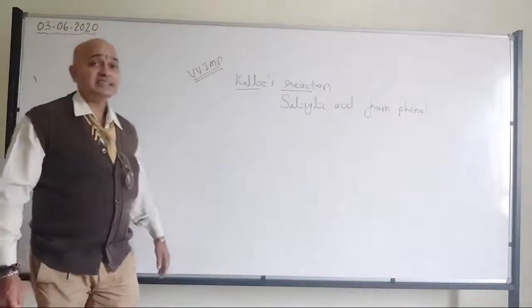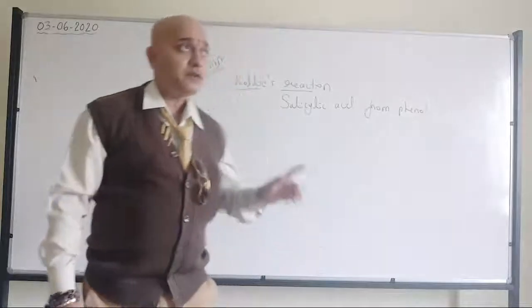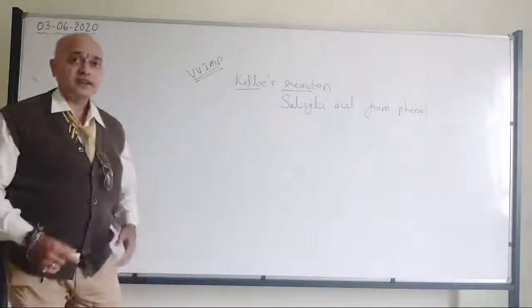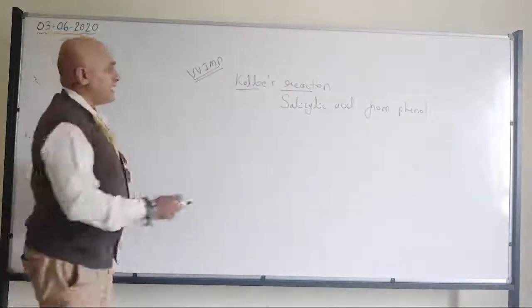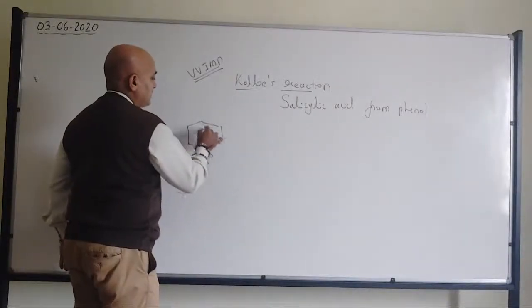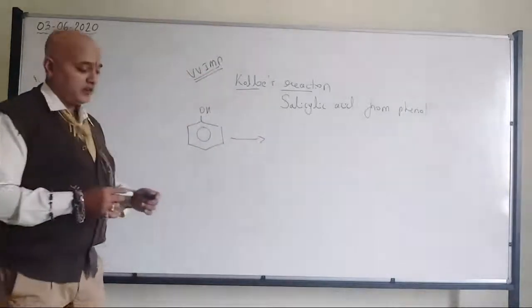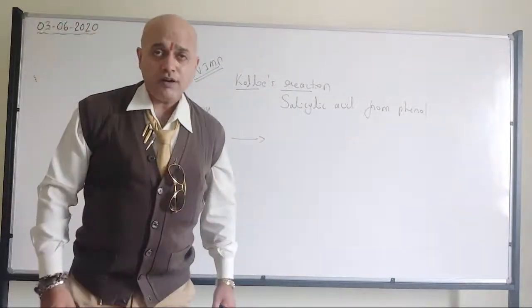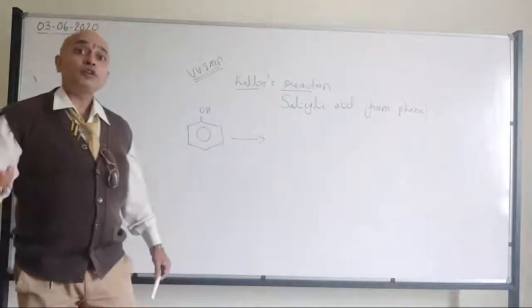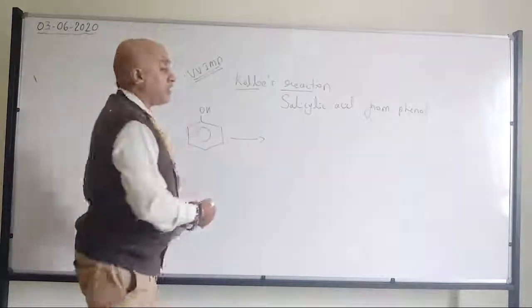But here salicylic acid will be prepared from phenol. Now, when I am talking about preparation, first we have to convert this phenol into the phenoxide form, so that it can have more positive resonance due to the presence of negative charge on the oxygen.